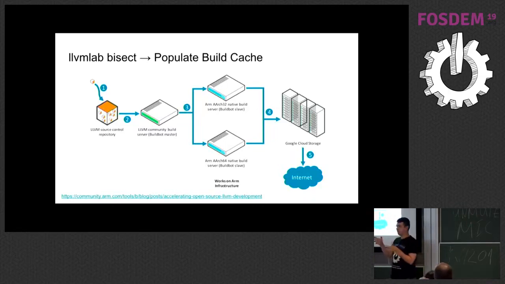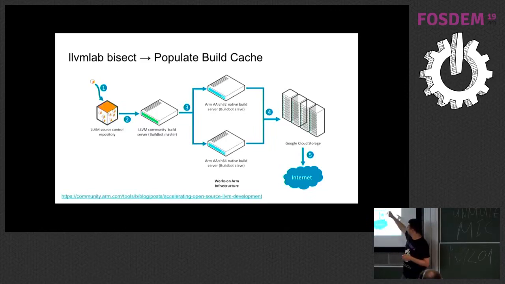we will have a buildbot server, so the upstream buildbot will keep polling the SVN repository every 2 minutes. And then if it sees some changes on either Clang, llvm, libraries, and a few repositories, it will trigger builds on native ARM builders. There are other x86 builders that are not maintained by us. These are the ones that we, as the infrastructure team at ARM, maintain.